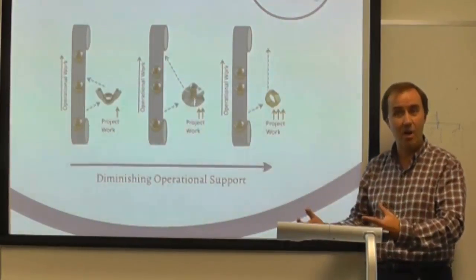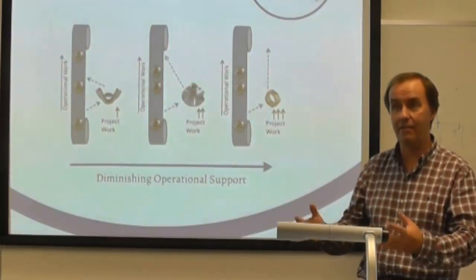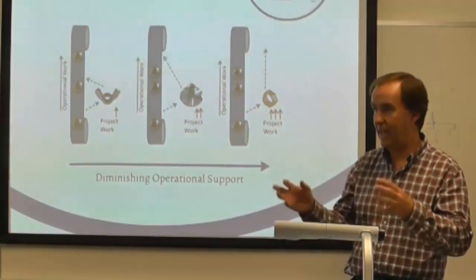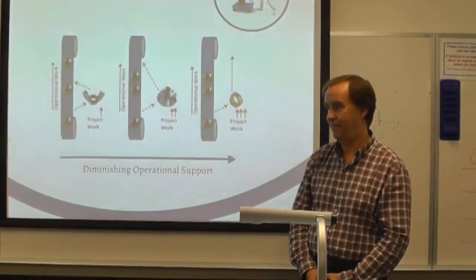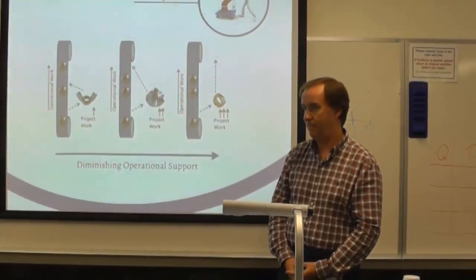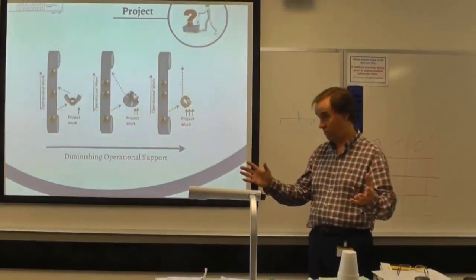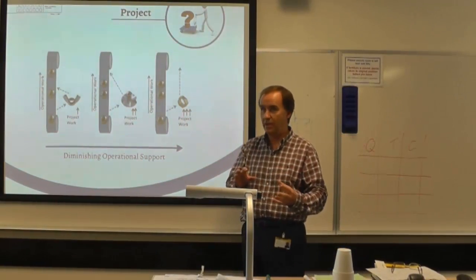To the point now that we have some organizations that don't actually have an operational environment. They just get cobbled together to do project work. How's that sound? Does that sound familiar to the work that you experience? Yeah?